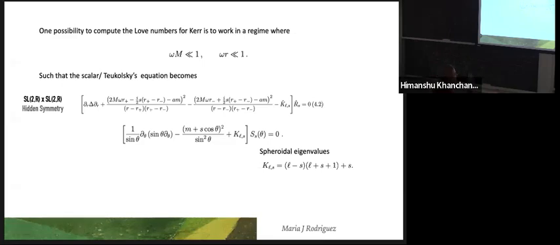The only reason why I'm calling this SL2R times SL2R is because there's an interpretation we can do that has to do with a CFT description, where we can identify that related to a CFT. I agree that the solutions of these equations will not be in the same SL2R tower. I'm just trying to understand what you're doing.